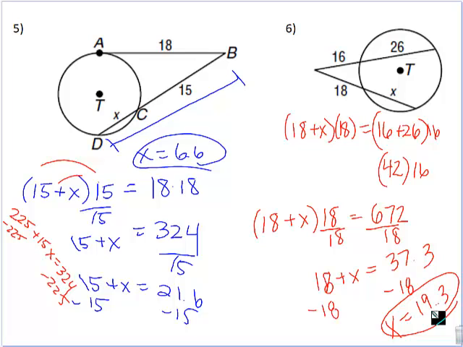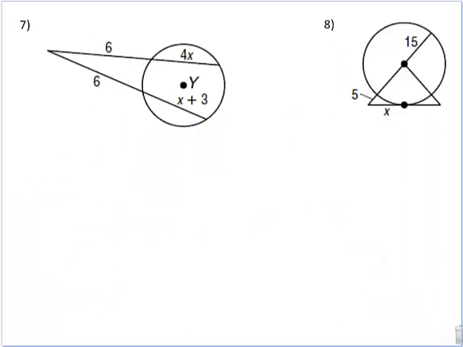Yep, that's what 672 divided by 18 was, 37.3. Good? All right, let's look at this one, number 7.